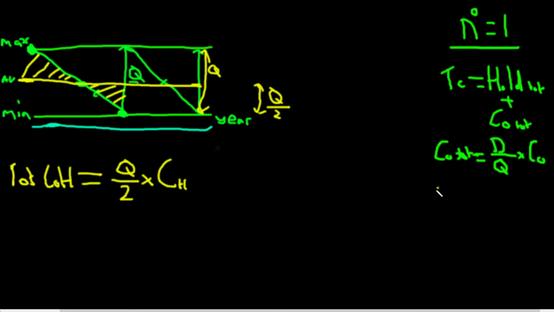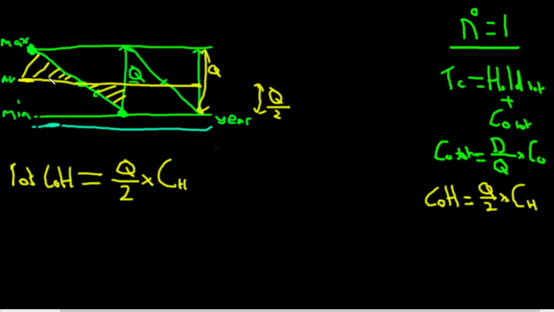So I'm going to write it here, cost of holding. It's quite hard writing with a mouse, so if you think I'm going a bit slow, that's why. Q over 2 times your cost of holding over the year. And these two are the main ones we need to be thinking about.